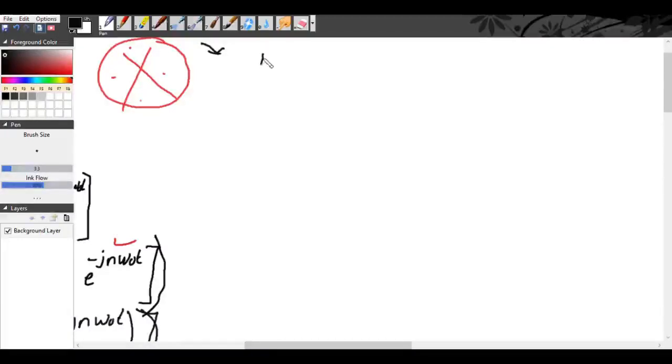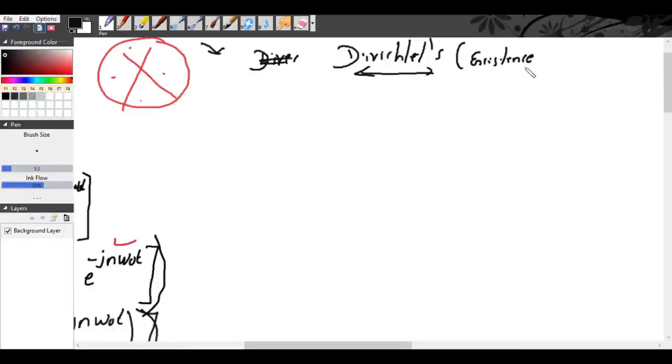We call those three conditions Dirichlet's conditions. Dirichlet conditions can otherwise be called the conditions for existence of the Fourier series.